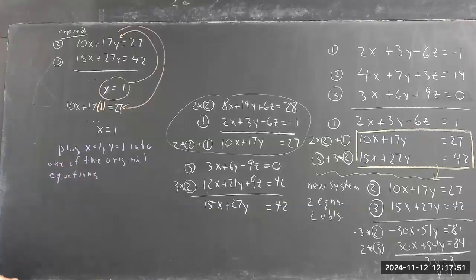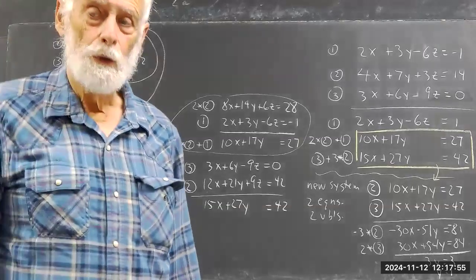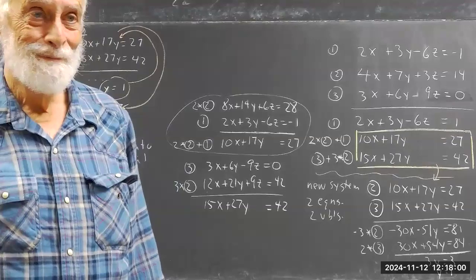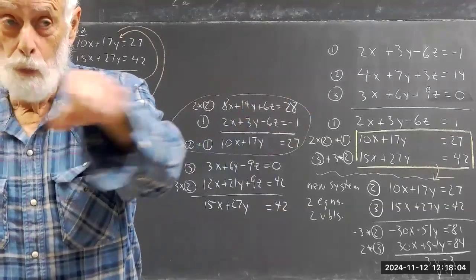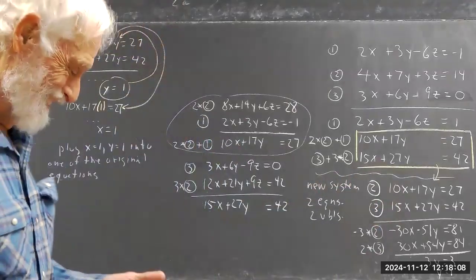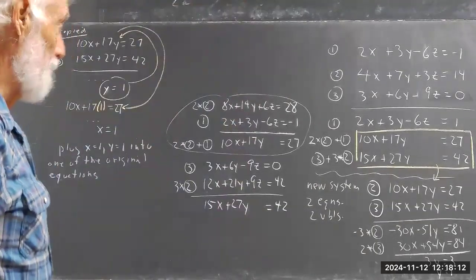Plug this stuff into one of the original equations. Which equation do you want? Tell me 1, 2, or 3. It doesn't make a bit of difference. Everybody give me some number of fingers. Well, 1, 2, 1, 1, and 1 adds up to 3, so we're going to do equation 3. That's what you get for taking the easy choice, but equation 1 would have been fine.